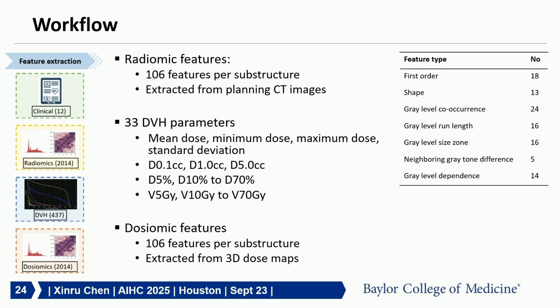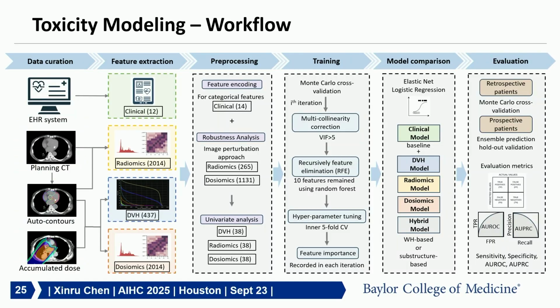We also extracted the same category of features from 3D dose maps and denoted them as doseomic features. Following that, we have a rigorous workflow, including robustness analysis of the radiomic features, univariate analysis to pre-select the significant features, and recursive feature elimination to reduce the number of input features. The feature importance was recorded in every iteration.